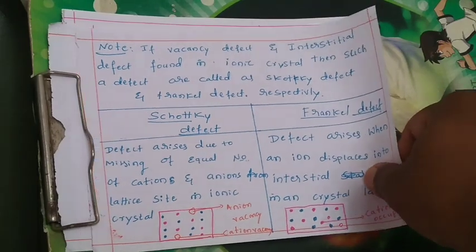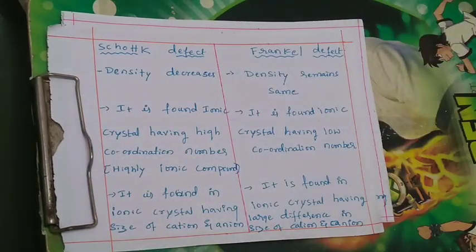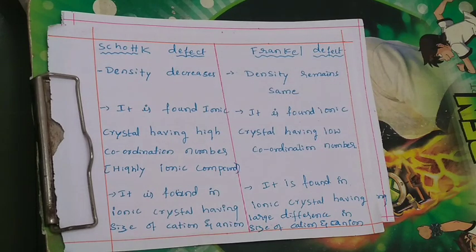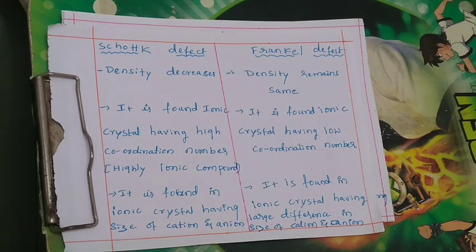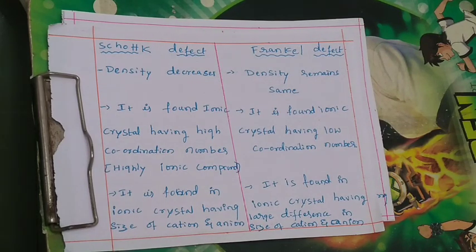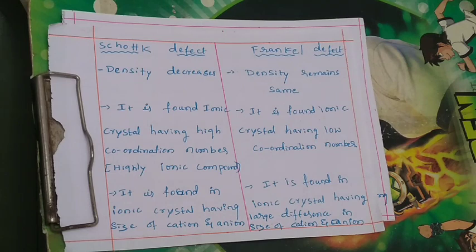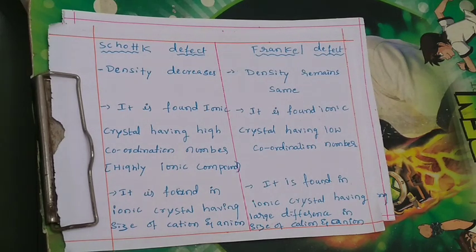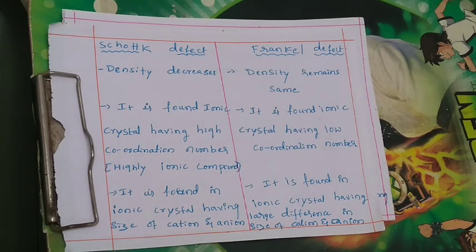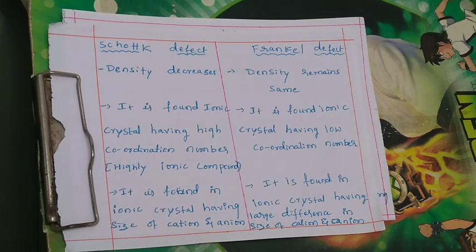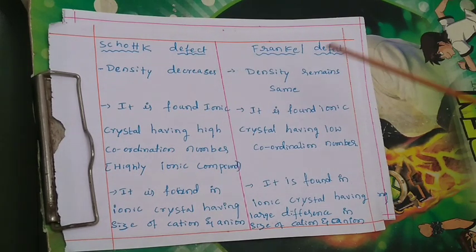Then the density of the crystal decreases in the Schottky defect. That is due to missing of equal number of cations and anions. The density decreases. In case of the Frenkel defect, it remains the same.